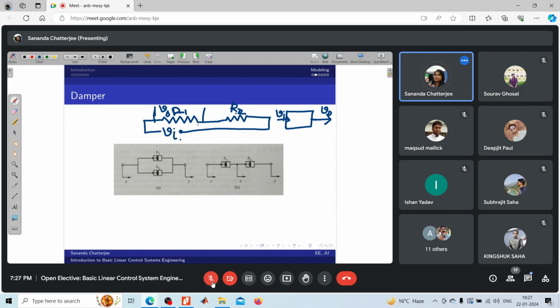So if we change Vi abruptly, say if I provide the signal Vi with time, and I provide a 1 volt input first, and then suddenly I change it to 5 volt.